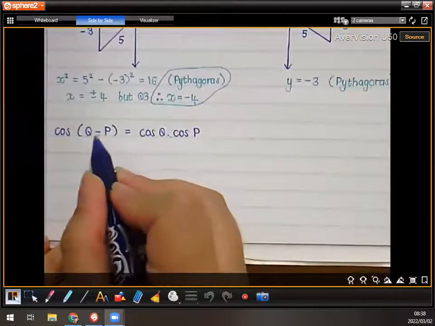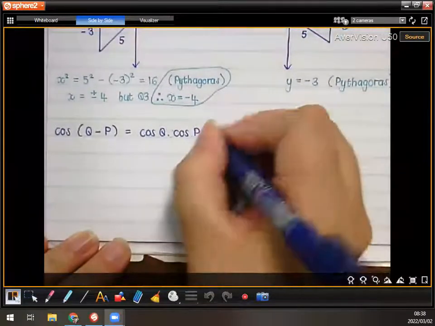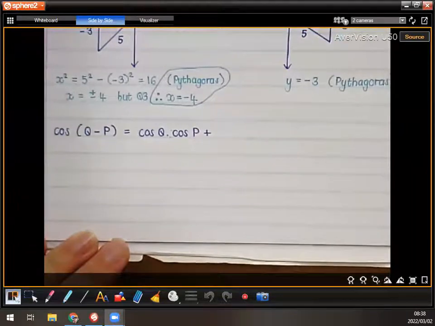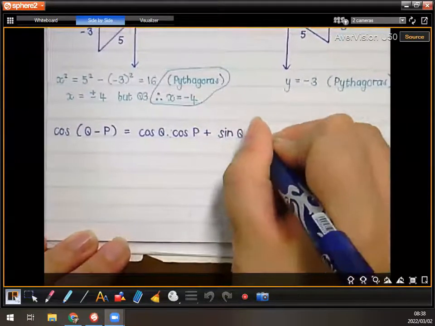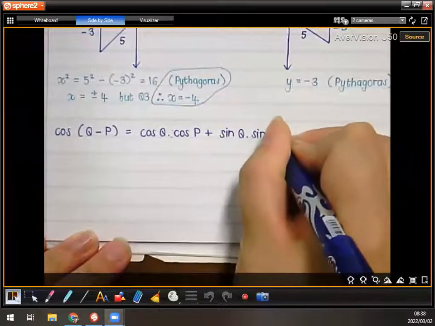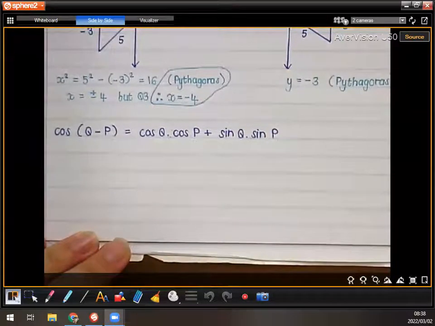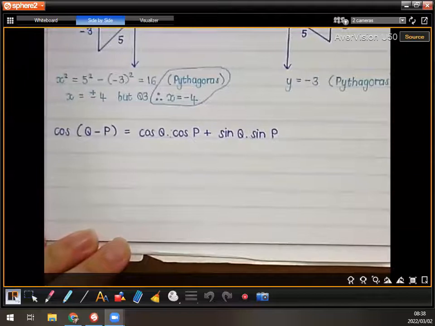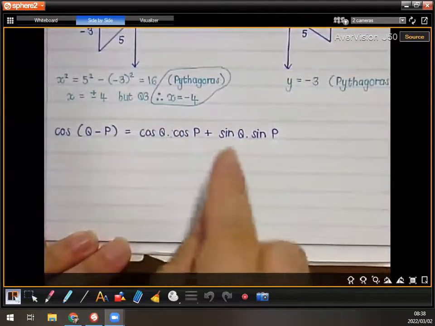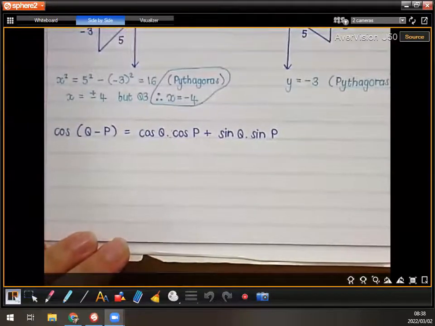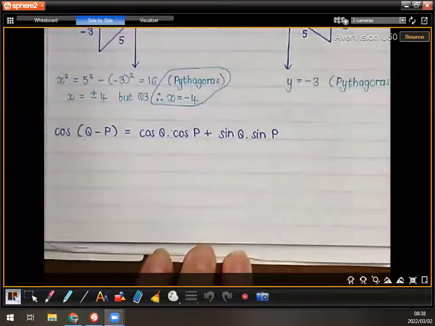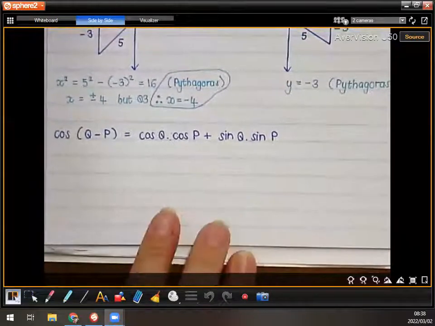Remember for the cos one, we use a different sign from in the bracket, so it's going to be a plus in between them, and then sine q times sine p. Now you can use your two triangles to actually find the values of cos q and cos p and sine q and sine p, those fractions. Do that on your own, please. Don't use a calculator, use your triangles now.